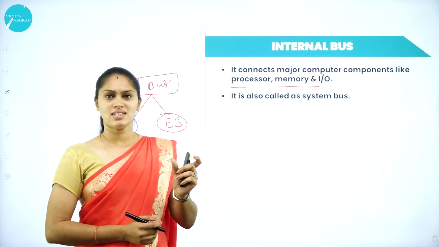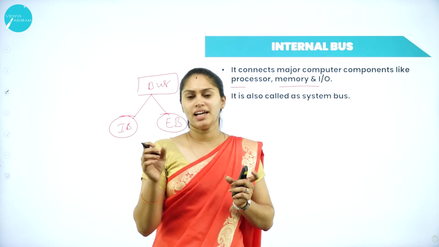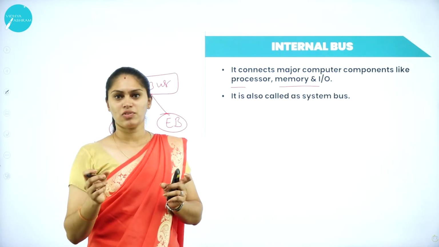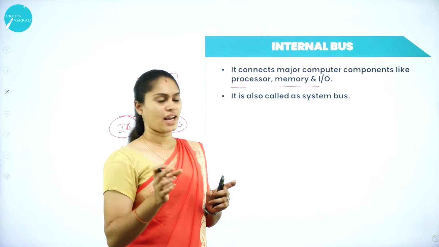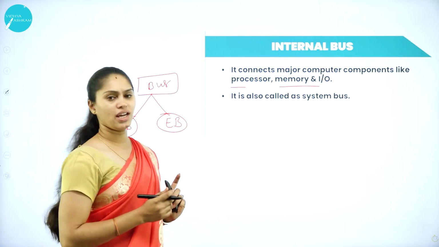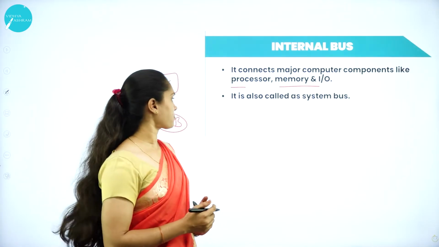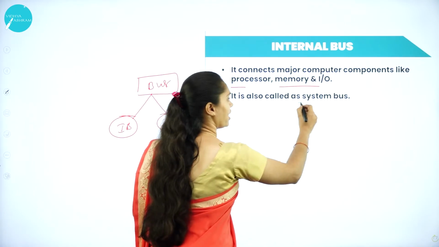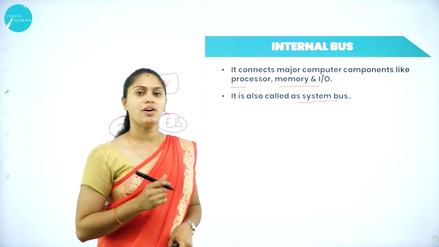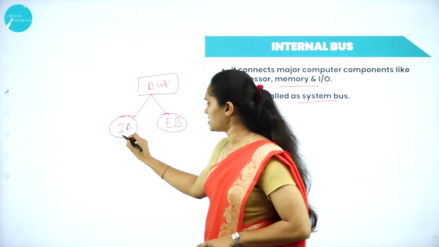Bus is mainly used for data transfer, and it provides a pathway. It is also known as the system bus. So keep in mind, internal bus is also known as system bus.